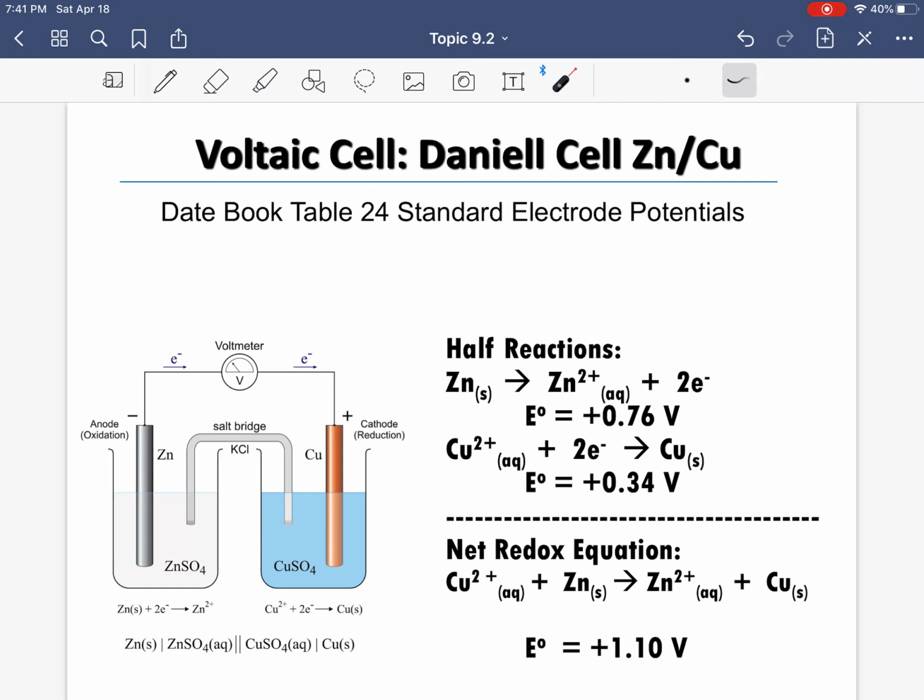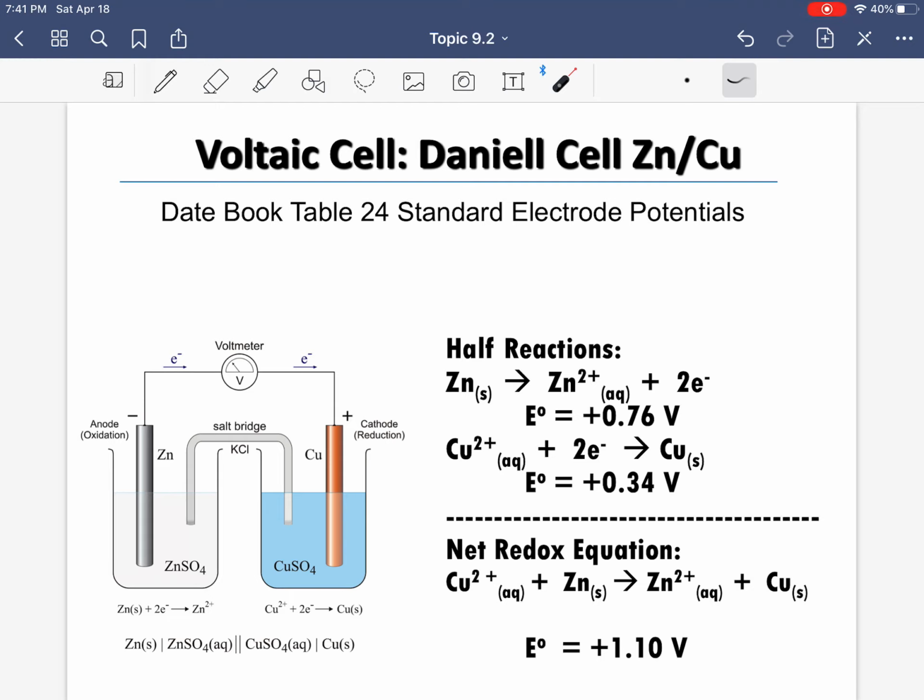But in this case, I took the liberty to turn them around, have them both as positive values, and all you have to do, of course, is sum these two numbers up to get what we call the net redox reaction voltage. So what you'll find in your voltmeter is 1.1 volts. So this Daniell cell is worth 1.1 volts.